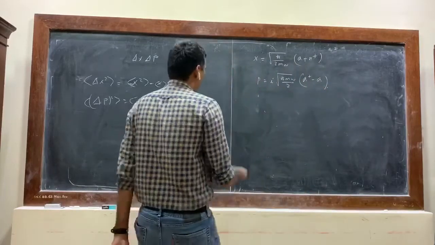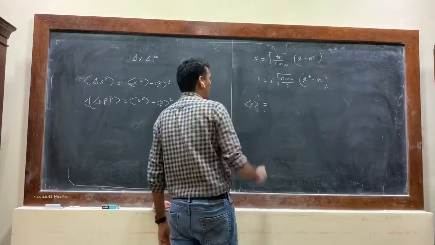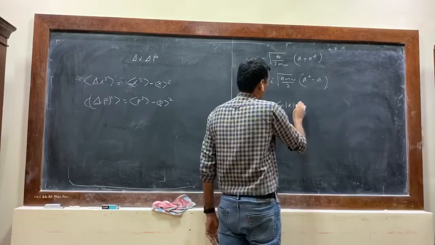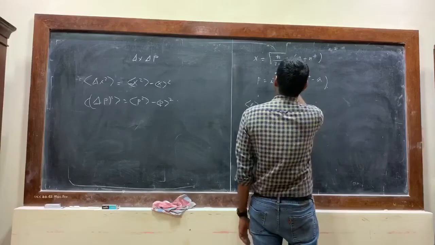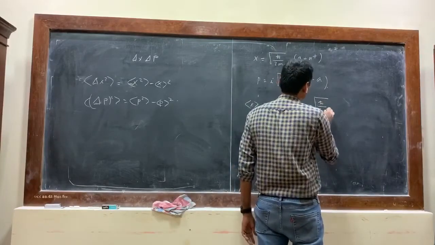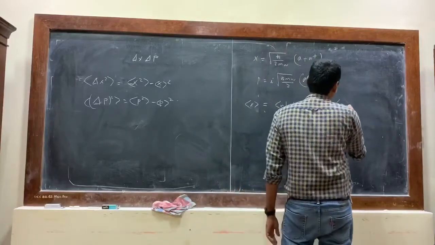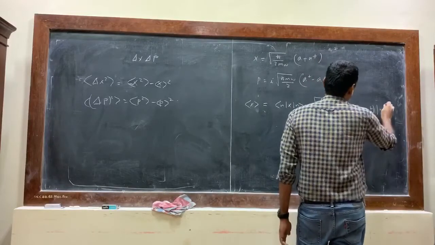If that is the case, the average value of x with respect to the state n is going to be <n|x|n>, which is equal to square root of h cut divided by 2m omega, which comes out, and then we have <n|a plus a dagger|n>.